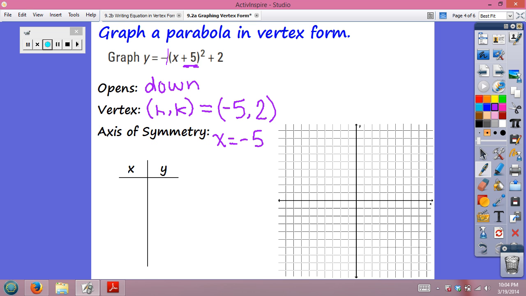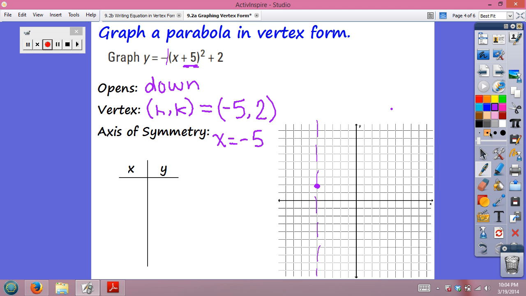So the first thing we're going to do again is to plot the axis of symmetry at x equals negative 5. And then if we plot our vertex, we are at (negative 5, positive 2). So then the next thing we're going to do is plot some new points.